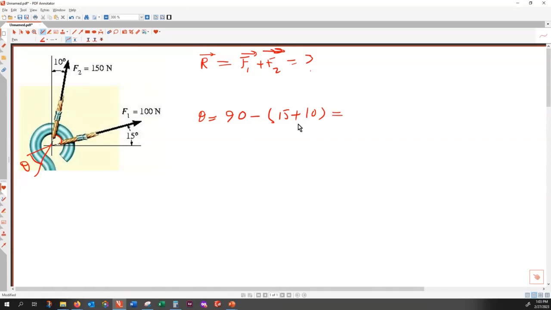So this is 65 degrees, right? Okay, 65 degrees. So imagine I construct the parallelogram.